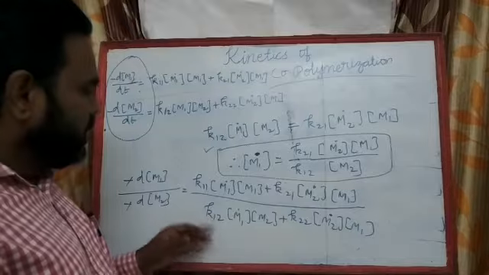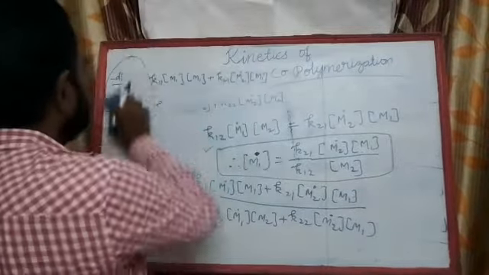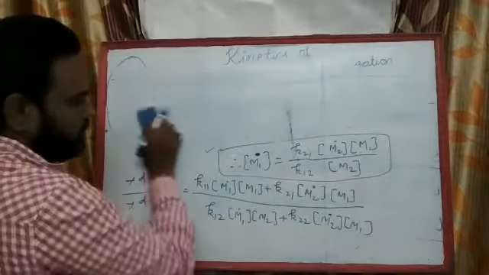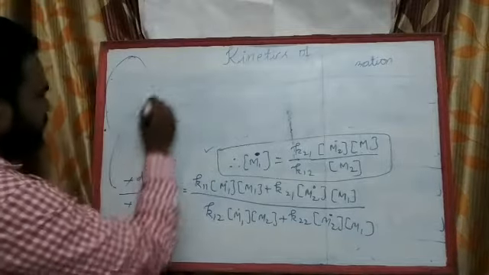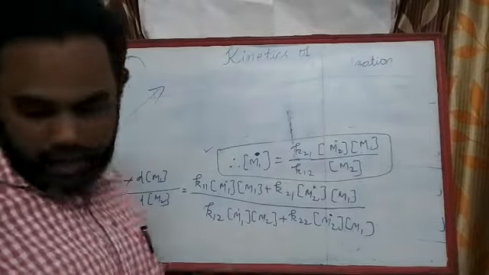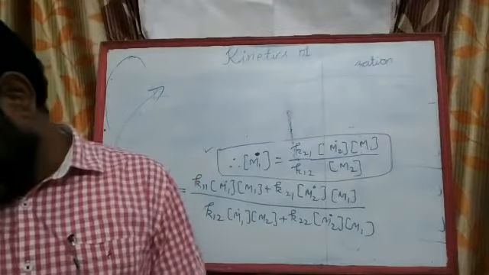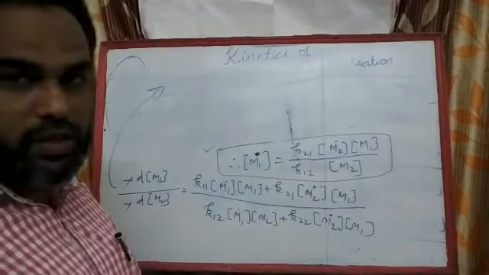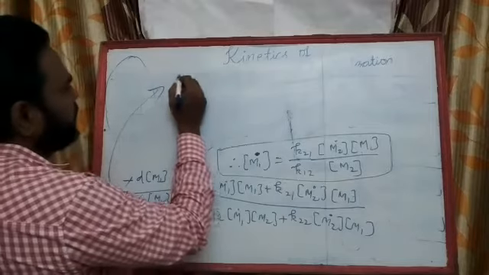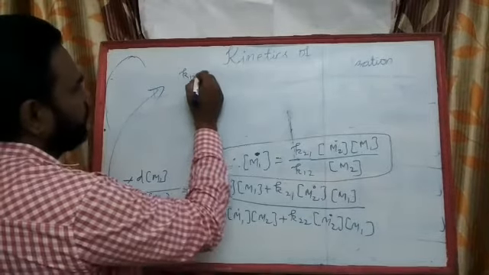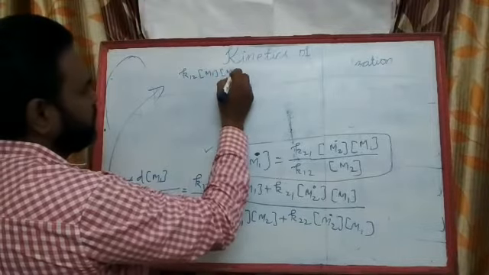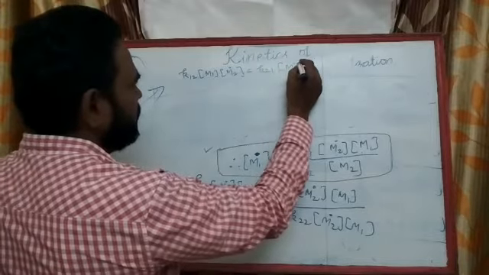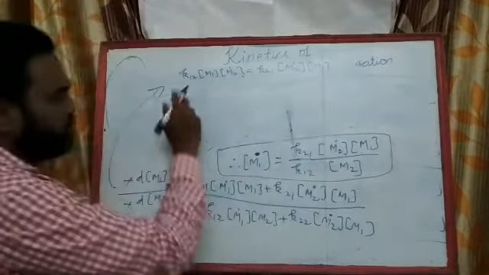Now I have this M1 dot value, so let me arrange these two equations. I already know the rate of conversion of M1 into M2 is equal to that of M2 into M1. So that is K12 concentration of M1 dot M2 is equal to K21 M2 dot M1.